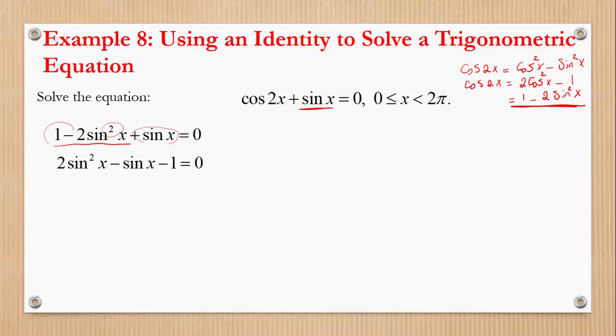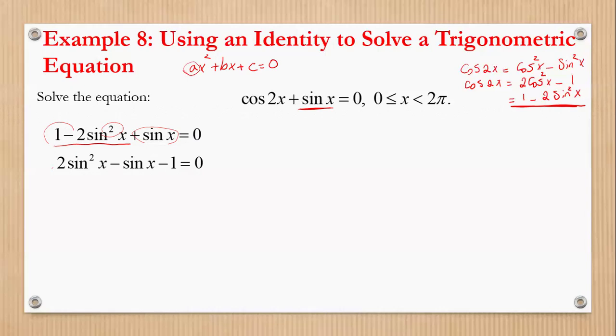And we can reorder the equation and make sure that to solve the quadratic equation by factoring, when I have the equation in the form of ax squared plus bx plus c, the a, or the number in front of the second degree term, must always be positive.